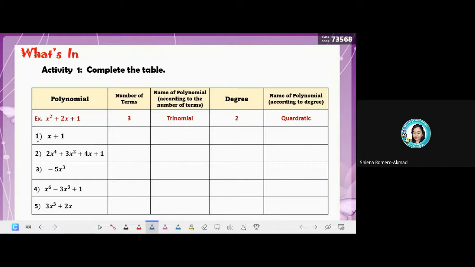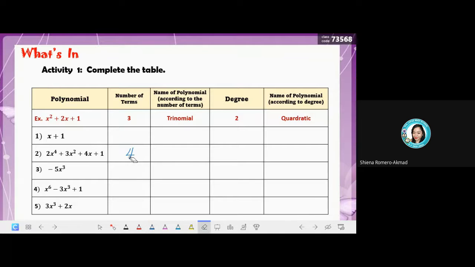Okay, so number 1, ilan po bang terms meron tayo dyan? 3, correct. Number 2, dalawa lang ba? 1, 2, ilan po ito? Sa number 2, ilang... Ang sinasabi nila, ma'am, yung number 1 po, hindi 3.